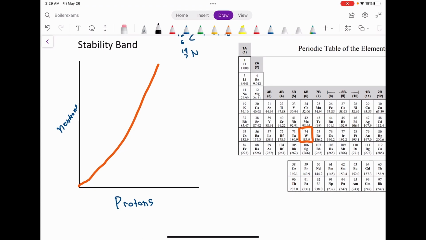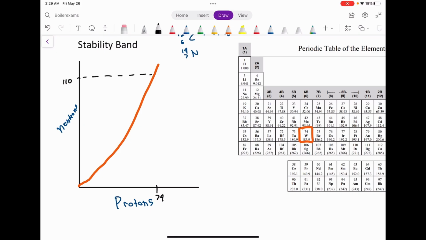So we can see as our protons increase, you're going to need more neutrons to stabilize it. So for example, for whatever W is, say it's at 74 protons, and it has an atomic mass of about 184. That means it has roughly 110 neutrons.